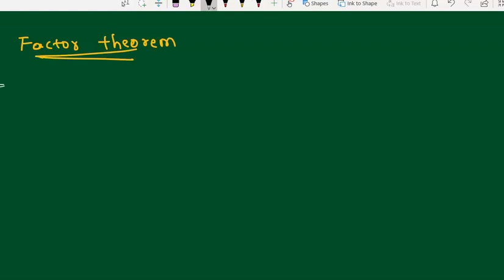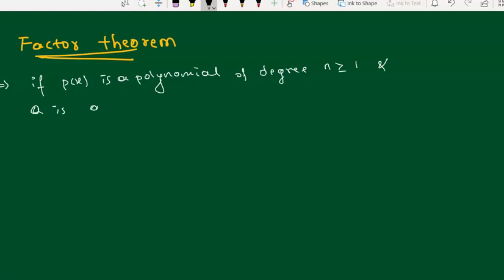Okay, simple it is. If p of x is a polynomial of degree n greater than or equal to 1, and here a is any real number, it may be any real number, then this is the condition.